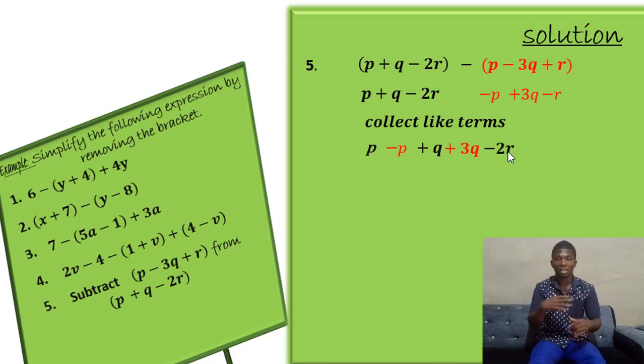Like terms collected: p terms grouped, q terms grouped, and r terms grouped. So, p minus p becomes 0. A q plus 3q gives you 4q. And this is minus 2r minus r, so that's going to give me minus 3r.